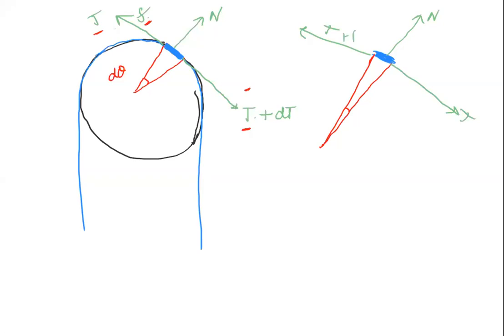So what I'm saying is that as I move from this point of the rope to this point of the rope, the tension increases from T to T plus dT to balance the friction force acting on this piece of rope. Okay. Now, if I draw a bisector, I know that this is very small, so I'm sorry about this.